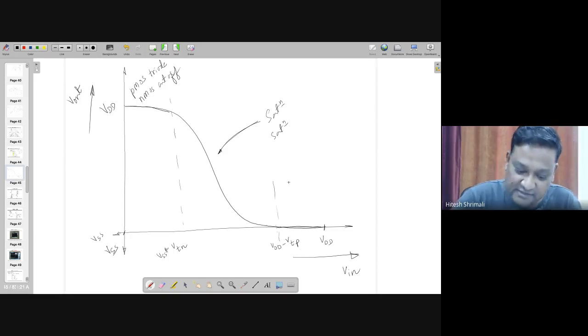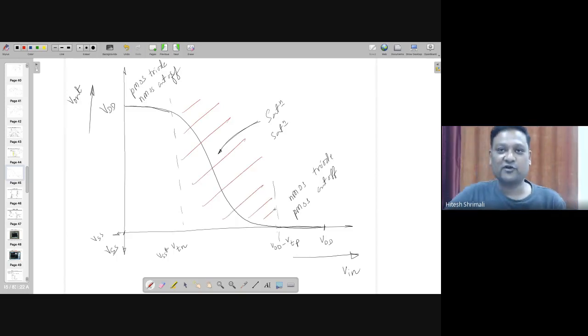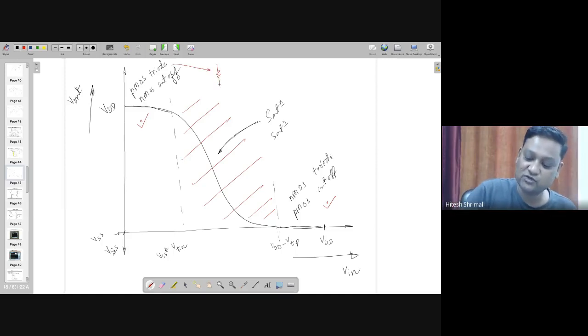Whereas in this case, NMOS is in triode and PMOS is in cutoff. Notably, I am not talking about the region here, which is the area of interest for all analog design engineers. They want to amplify the signal, but I am interested in these two regions only, where PMOS is in triode, so it's as good as a resistance whose name is ROP.